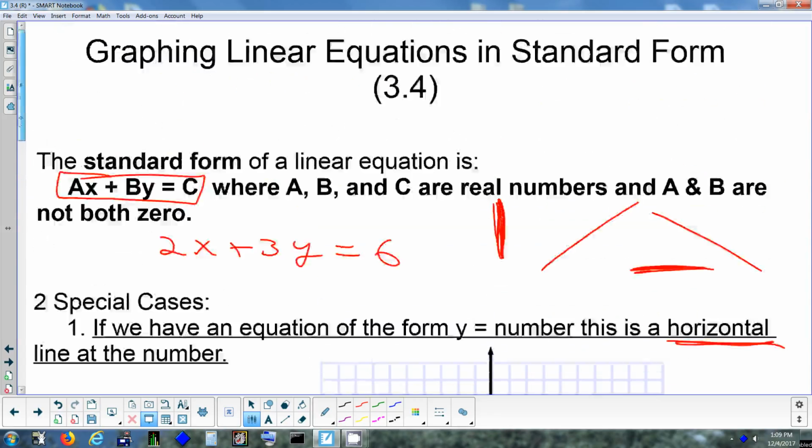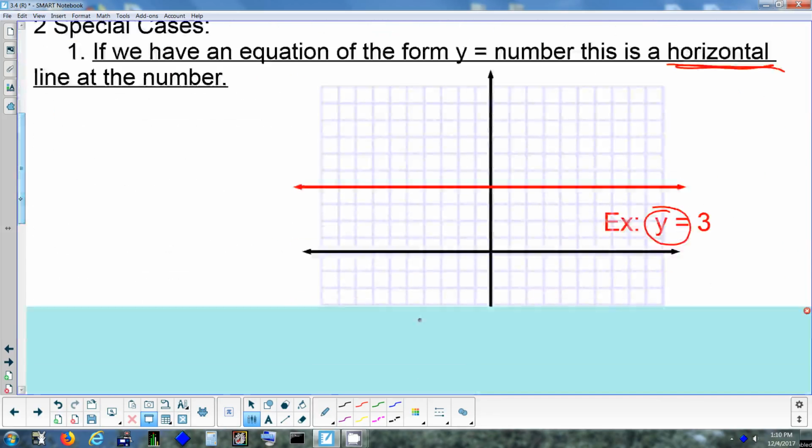Because we said this is standard form: something with an x, something with a y, equals a number. So I'm asking, where's the x where it says example? It's not there. That's what makes it horizontal. If you don't have the x, it's just y and a number. So that's a special case.